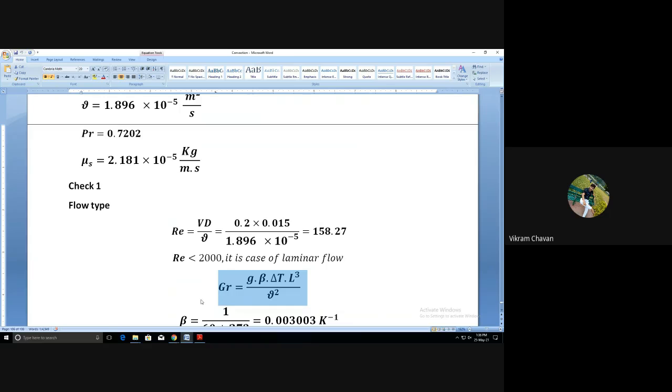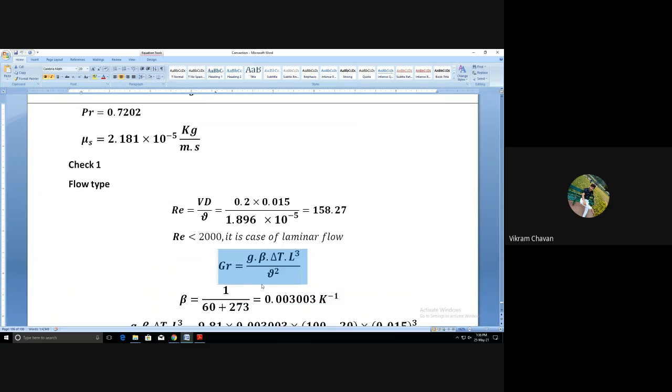In this formula all the values are known, but only beta is unknown, so first of all we need to calculate beta.